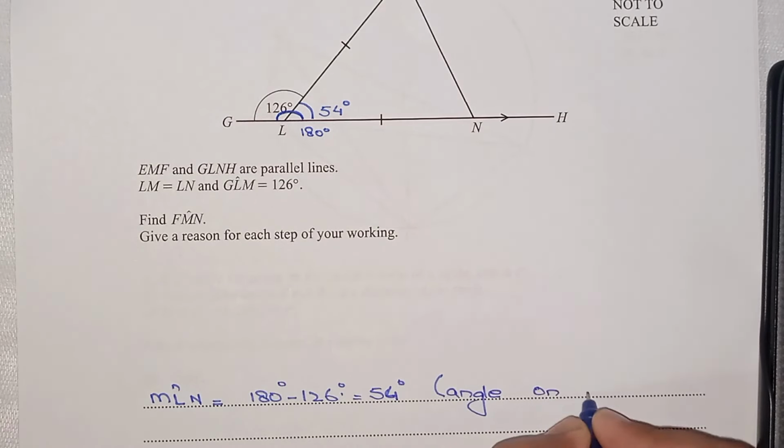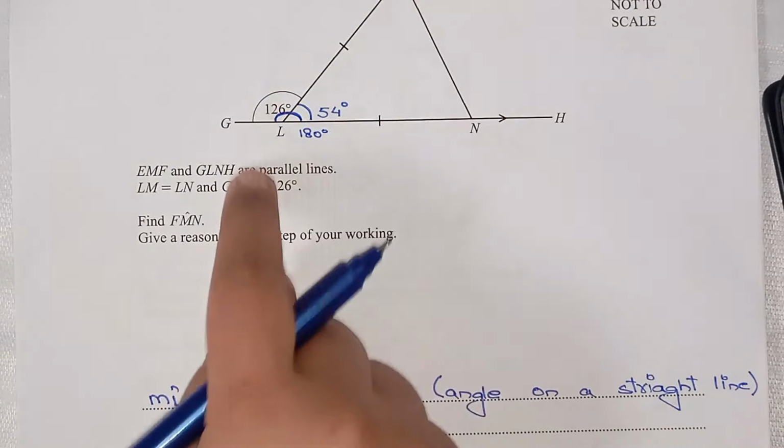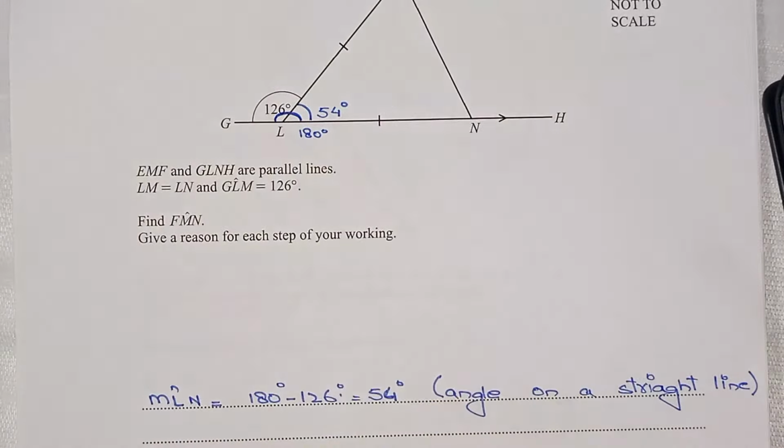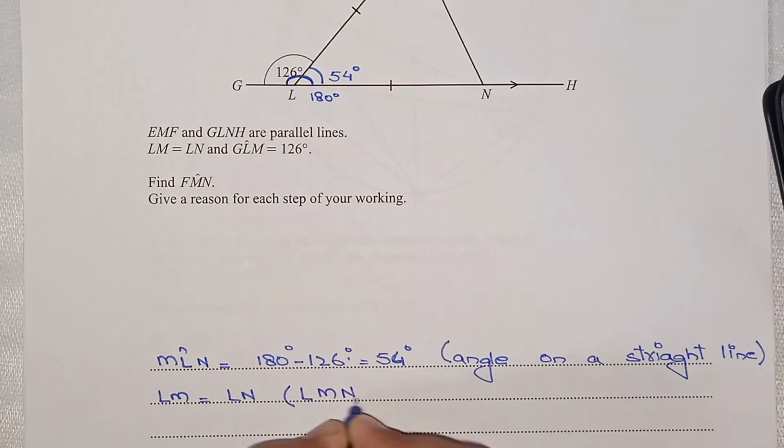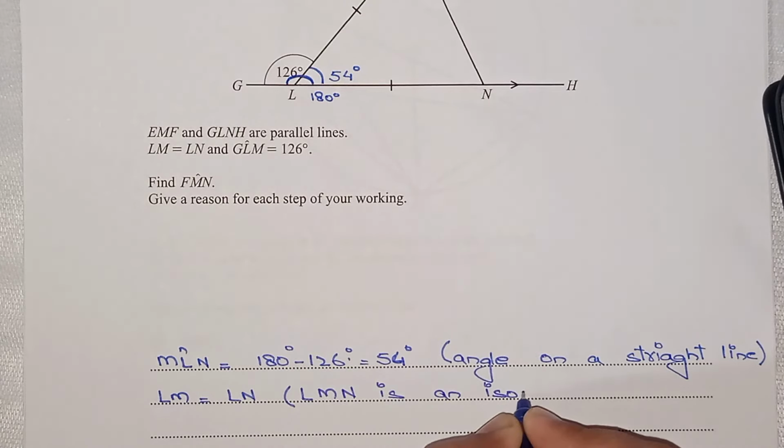Okay, now the second thing we are given is that LN and LM both are equal. It means this is an isosceles triangle. You can say LM is equal to LN. We can say that LMN is an isosceles triangle, right?